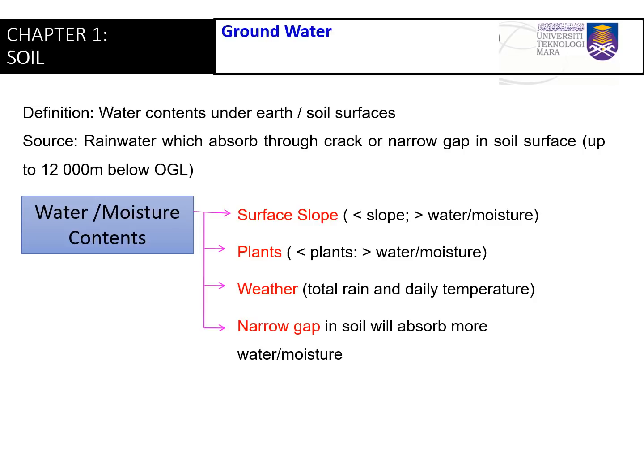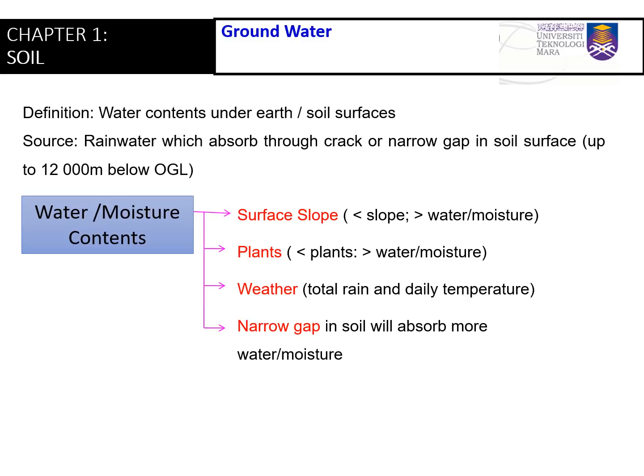Narrow gaps in soil will absorb more water. Do you know when it's really dry, when the weather is really hot, for cohesive soil you may have land which has cracked, because it's hot, so the land tends to crack. Have you ever seen cracked land?